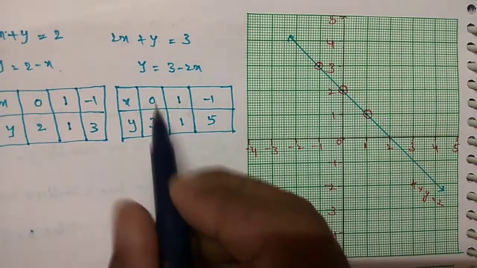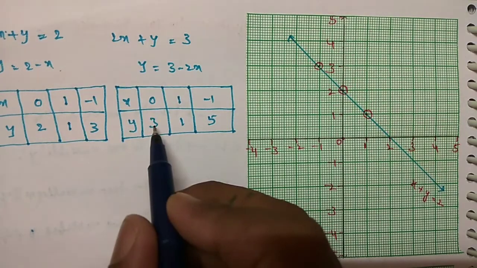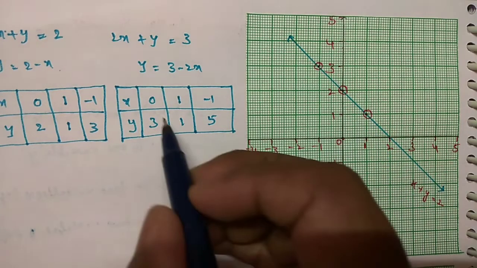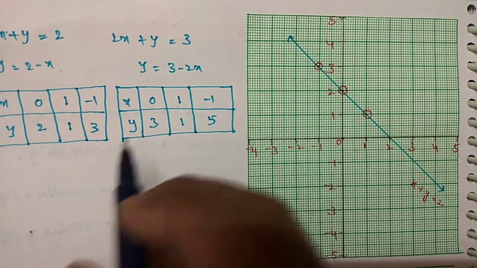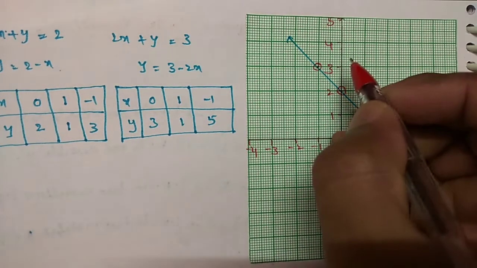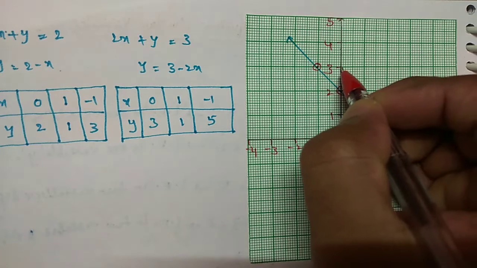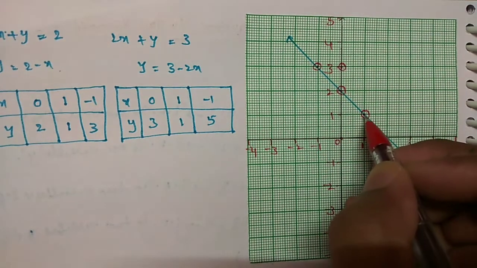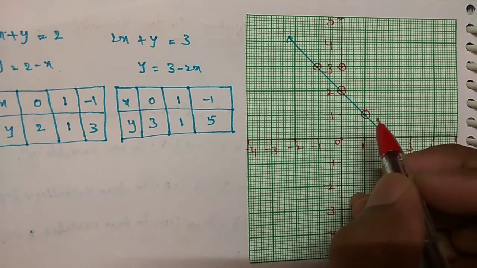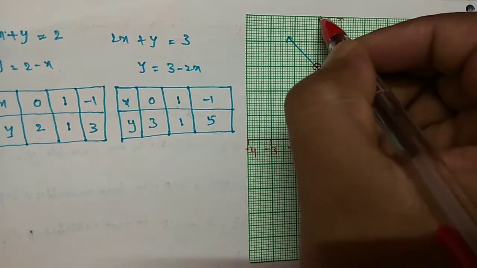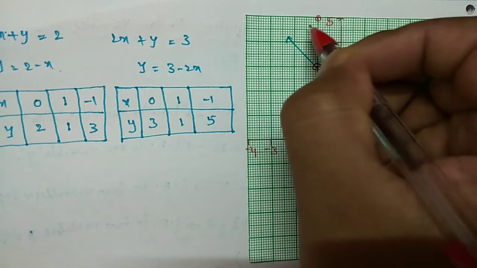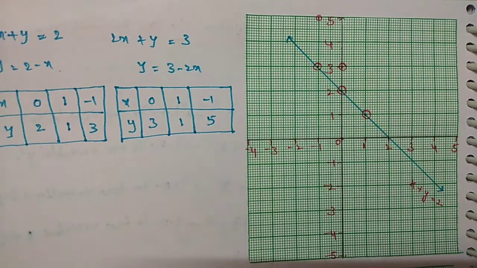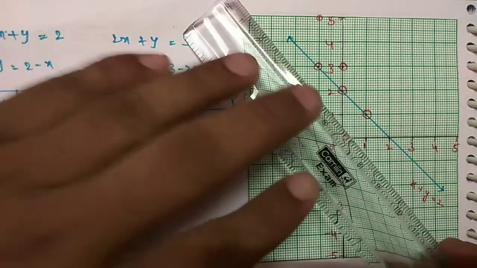Similarly, plot the points of the next equation. X is 0, so the point lies on the y-axis, 0, 3. Next 1, 1, already the same point. Minus 1, 5. So let us join these points using the scale.